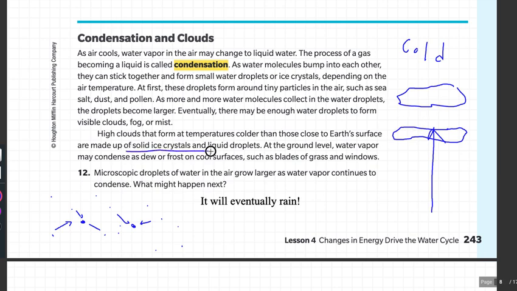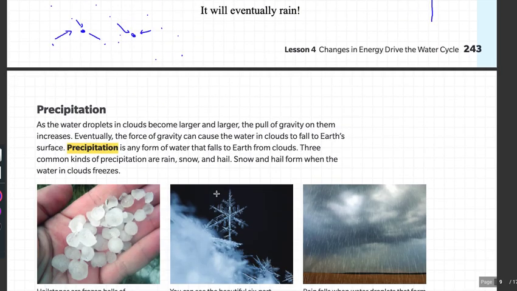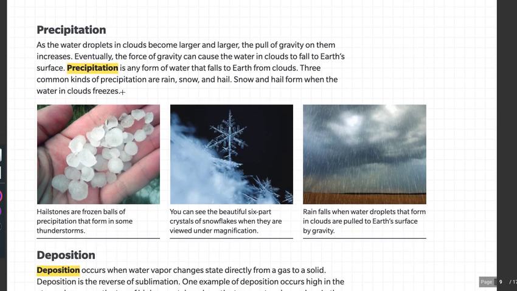They will form solid ice crystals or liquid droplets, and as they get heavier, eventually the water droplets are too large to stay up in the atmosphere. So they get heavy enough that they rain, and that's kind of how rain works. Water droplets condense enough from a vapor into big enough water droplets that they will finally fall. It will precipitate. It'll rain.